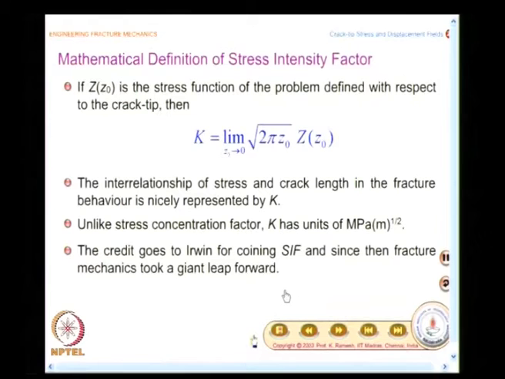On the other hand, by focusing on the crack tip, Irwin coined stress intensity factor, which provided a different way of looking at the crack problem, that provided greater insights and people were able to advance further in fracture mechanics.